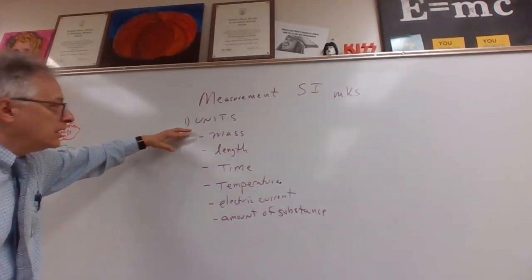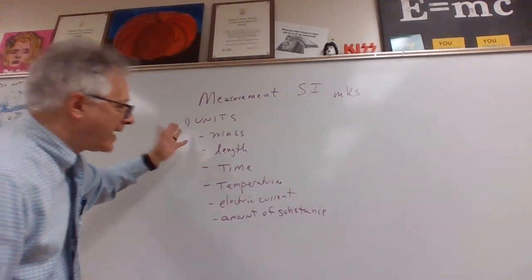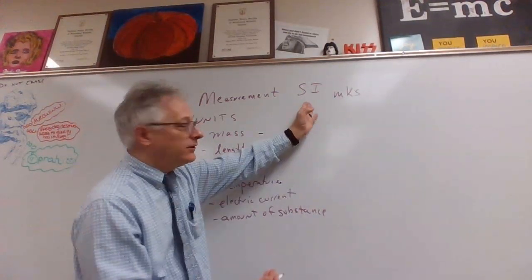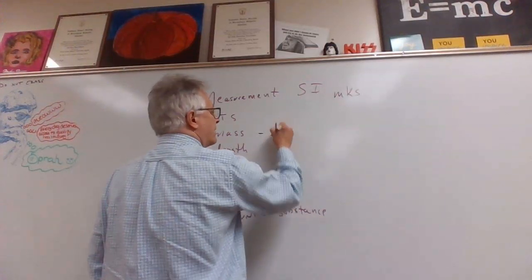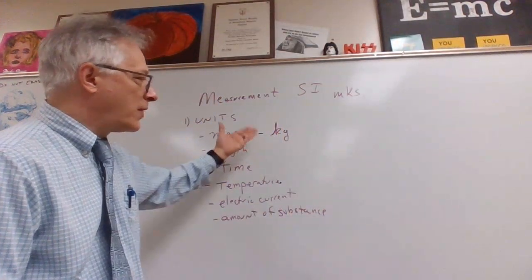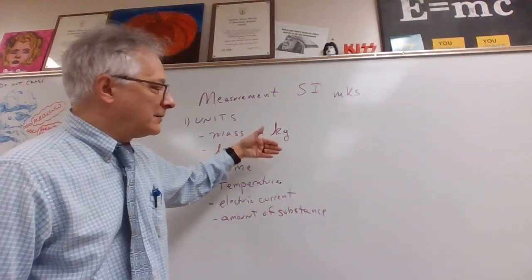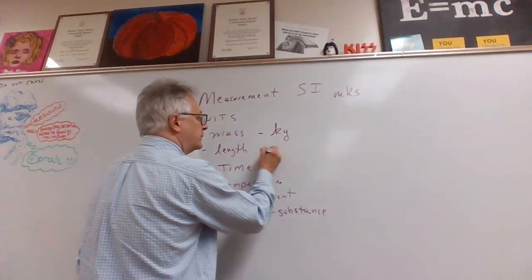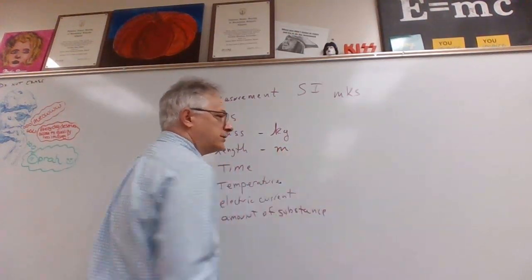But let's take a look at units that we have for things like mass. Mass, our base unit in the international system, is the kilogram, abbreviated kg. Kilo means 1,000, so a kilogram is 1,000 grams. Length, the unit that we use, is the meter.